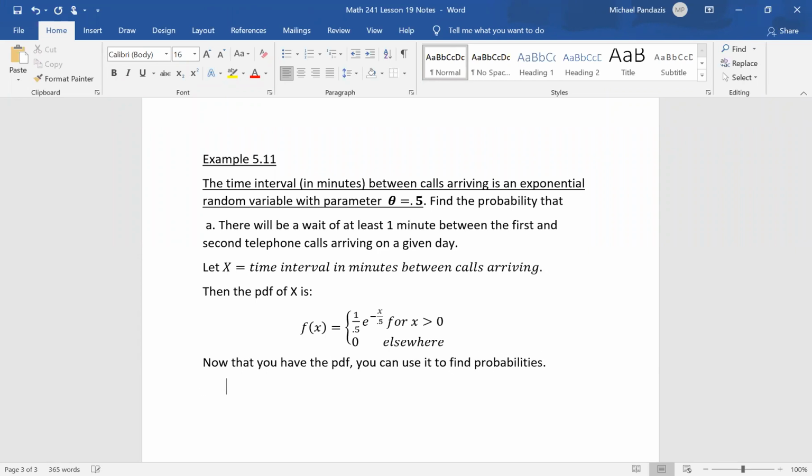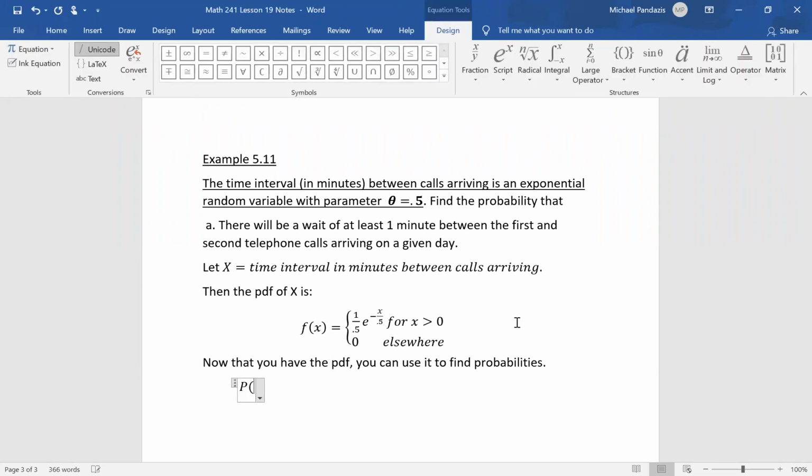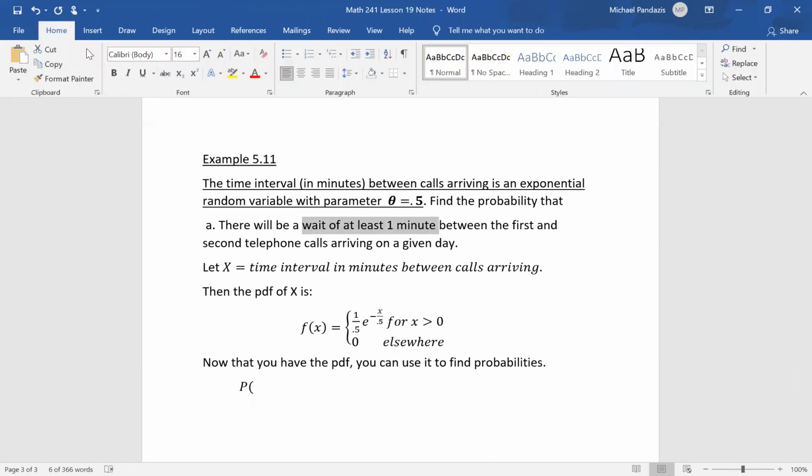So in A, you're asked to find the probability that there is a wait of at least 1 minute between the first and second telephone calls arriving on a given day.